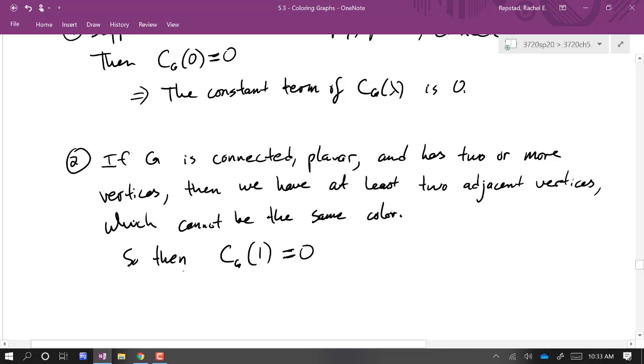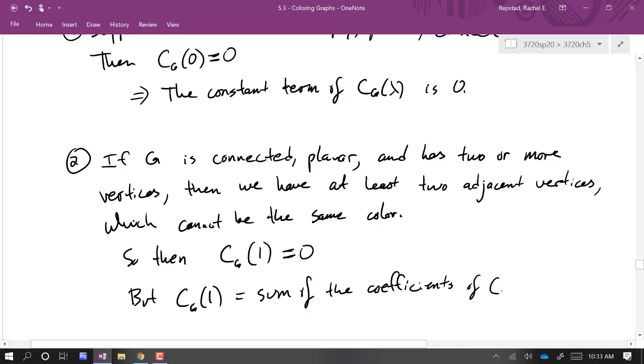But for any polynomial, C_G of 1 is just the sum of the coefficients. And so that is equal to 0, which is what we were trying to show.